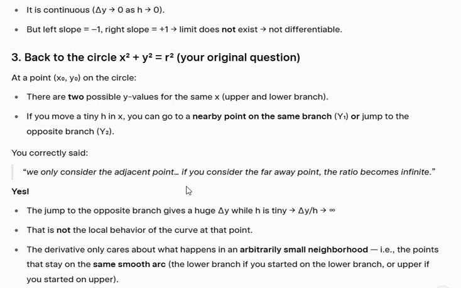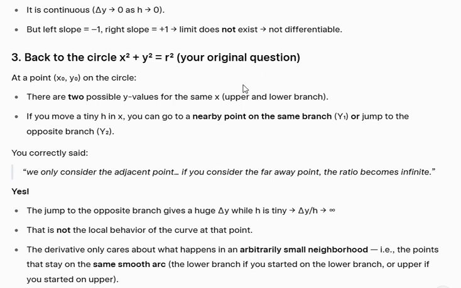And we consider only the adjacent point. If you consider a far away point, the ratio becomes infinite. The same happens in the case of a circle or a parabola, say y square is equal to 4x. If you choose any point on the upper or lower branch, x0 and y0, for some minute change in x0, there are two values.